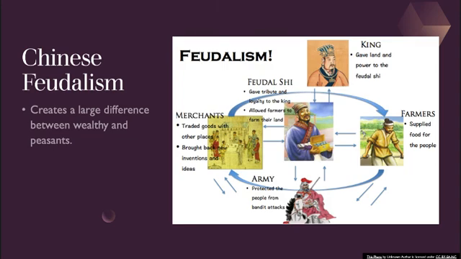So you get the king, wealthy nobles, peasants, with about 95% of the population in which group? Peasants. All right? So that's just kind of how it works. So your nobles are your military.